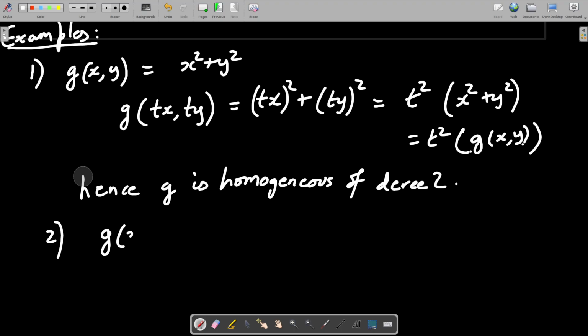Next, let us take this example. g of x y is going to be equal to x y upon x square plus y square. Just keep in mind that the t which I was using here is greater than 0.